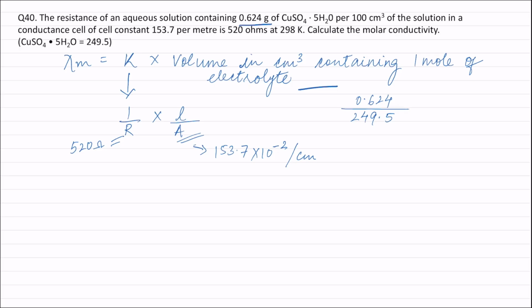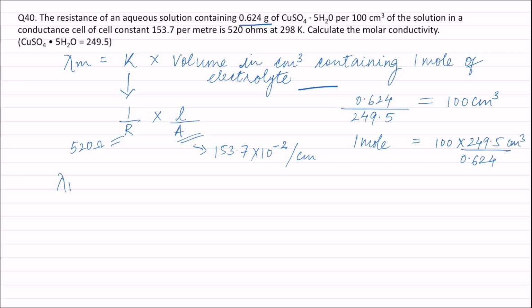Therefore, 0.624 divided by 249.5 moles of copper sulfate 5H2O is present in 100 centimeter cube of the solution. Therefore, 1 mole of copper sulfate 5H2O is present in 100 into 249.5 divided by 0.624 centimeter cube of solution.